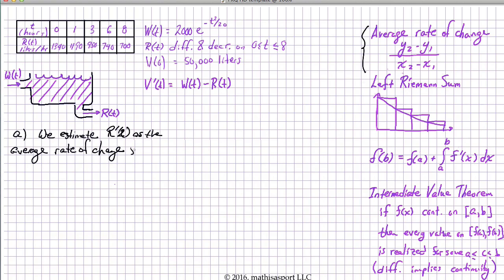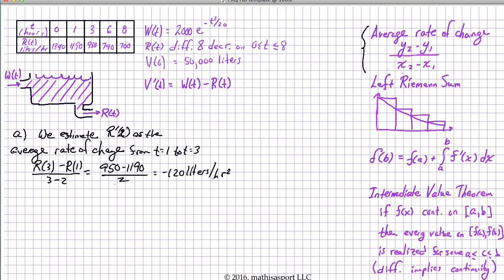And so I'm just going to say from t equals 1 to t equals 3. Okay? So that just means R of 3 minus R of 1 over 3 minus 1. And when we put the numbers in, what do we get? 950 minus 1190 over 2, and that comes out to negative 120 liters per hour squared.